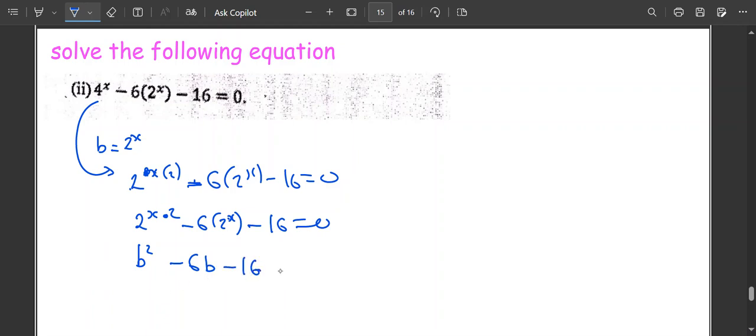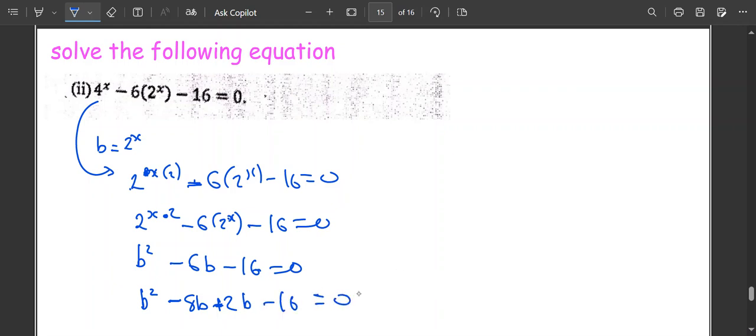So we look at the numbers that, when you add them, give you negative 6, and when you multiply, give negative 16. So those numbers are negative 8 and plus 2. So we have b squared minus 8b plus 2b minus 16 equals 0.